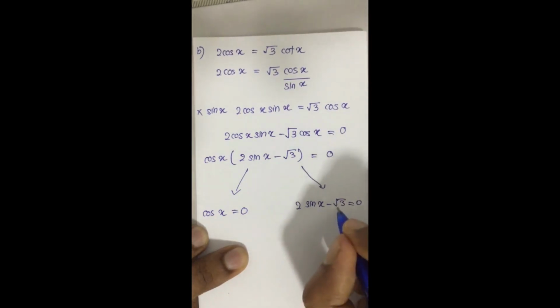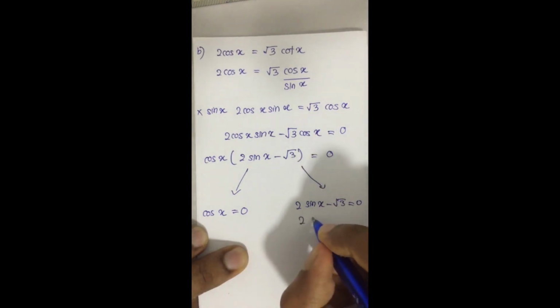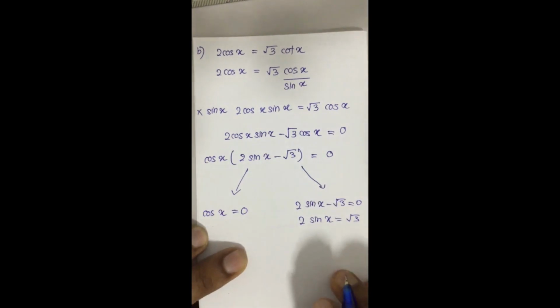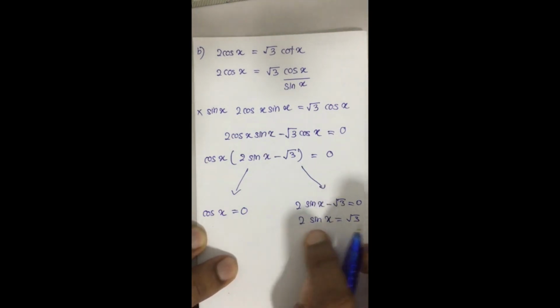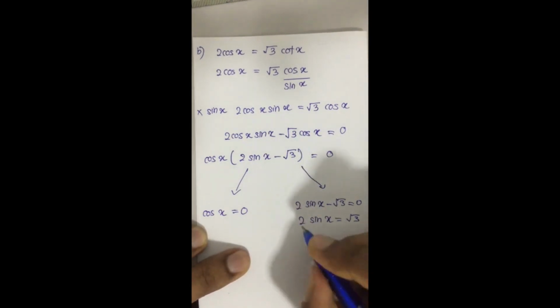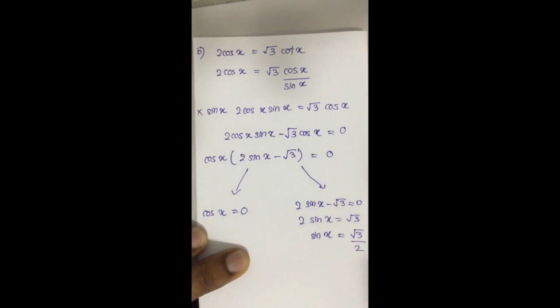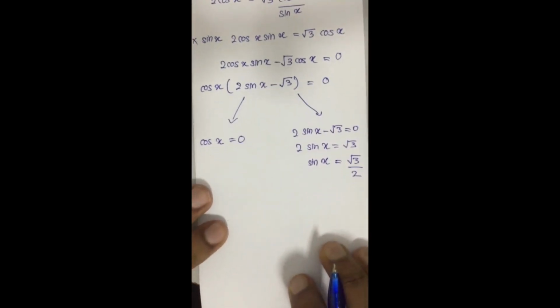When you move the negative sec 3 to the right hand side, you get 2 sine x equals to sec 3. To get your sine x, you divide sec 3 by 2, so you're left with sec 3 divided by 2. Okay, so far so good.